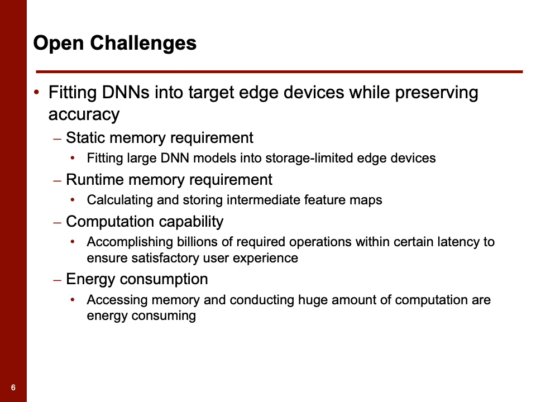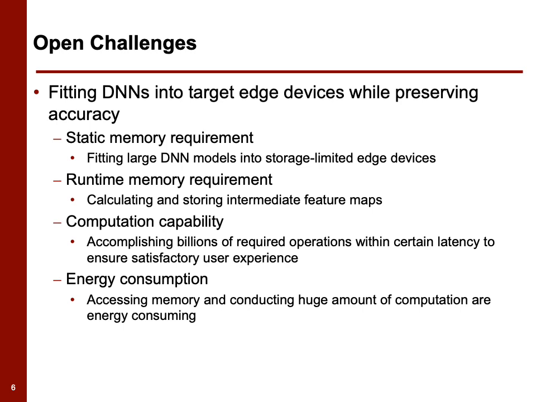There are 4 aspects of challenges that need to be resolved in order to deploy DNNs into target edge devices while preserving their accuracies. First is the static memory requirement, because we at least need to fit large CNN models into storage-limited edge devices. Second is the runtime memory requirement, because calculating and storing intermediate feature maps also incur a large memory footprint.